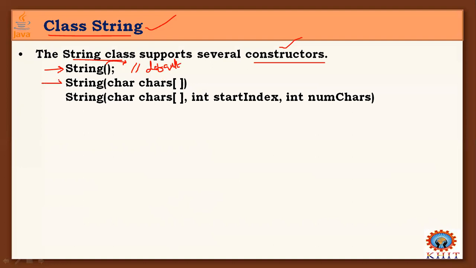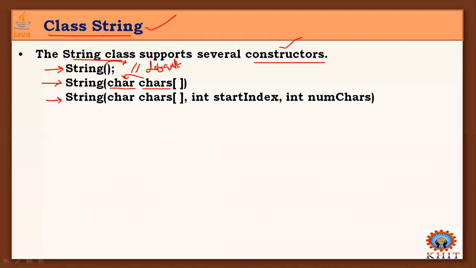Another type of constructor takes one character array object. That is always a character array.